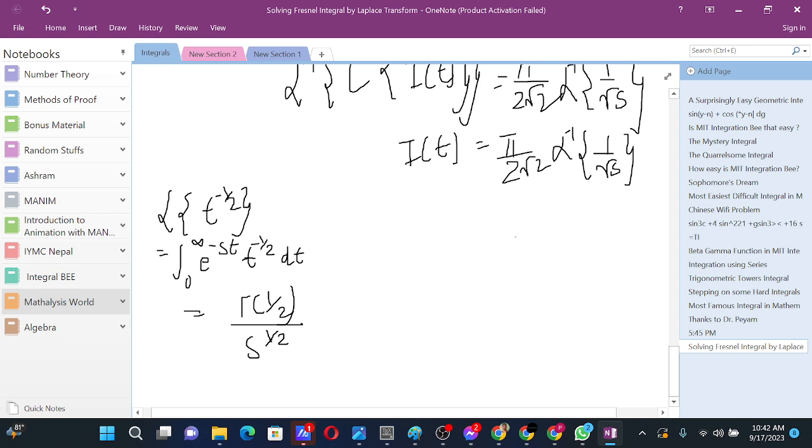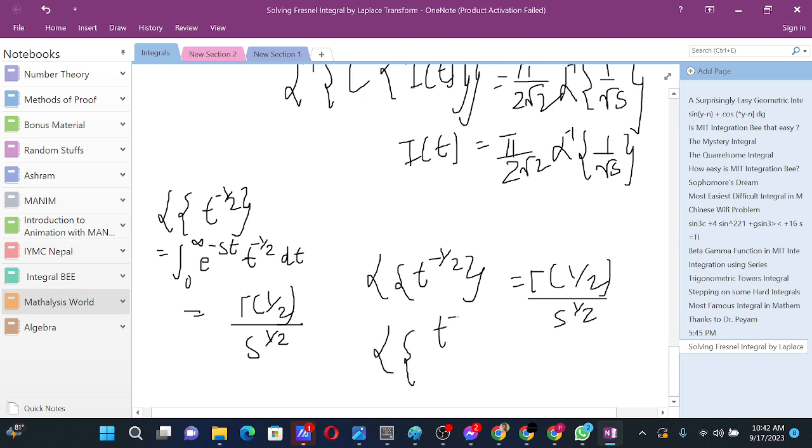So now if it's somewhat similar in this form, we know that Laplace transform of t to the power minus 1 by 2 is gamma of 1 by 2 by s to the power 1 by 2. Now you can take this gamma 1 by 2 to other side, and since Laplace is linear, we can bring it to denominator.